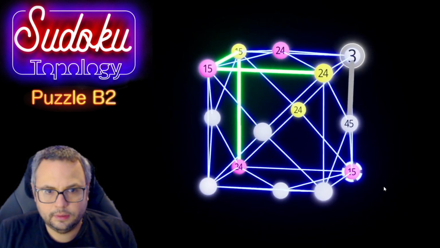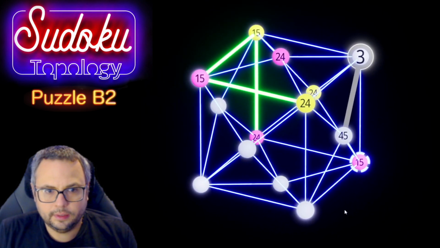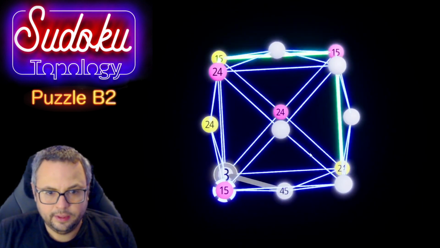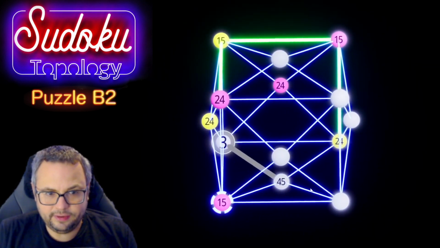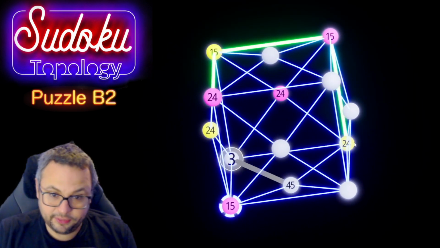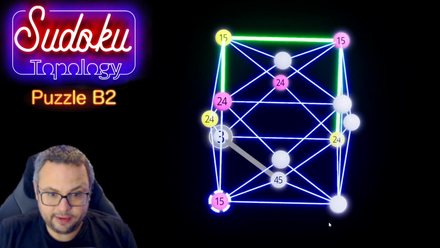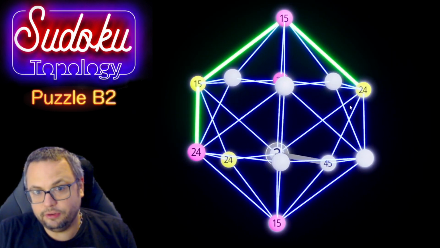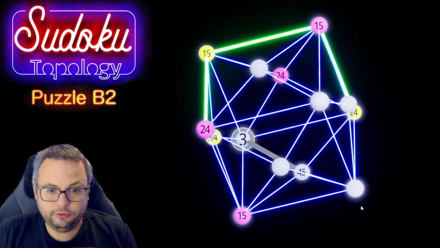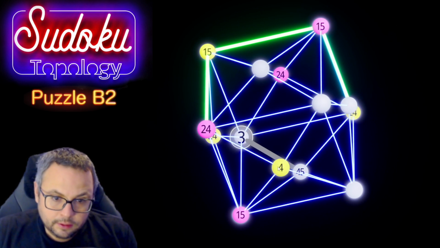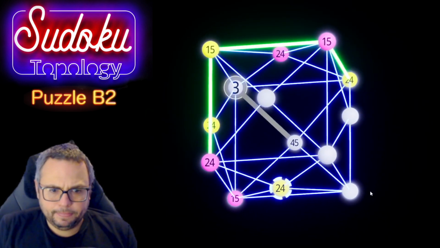Now, let's see. This face now only has yellows left to place. In particular, the yellow 2-4 on this bottom face that I've tried to orient towards the camera. It can't go in either of those because it's in that corner. So the yellow 2-4 on this face is here. Yellow 2-4.